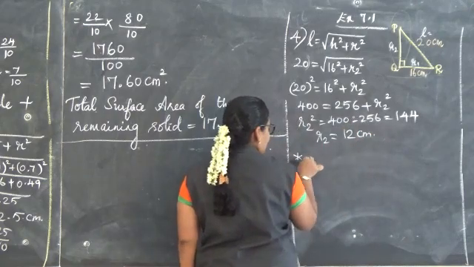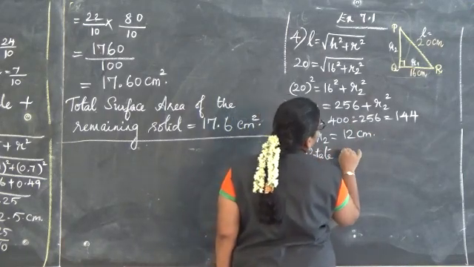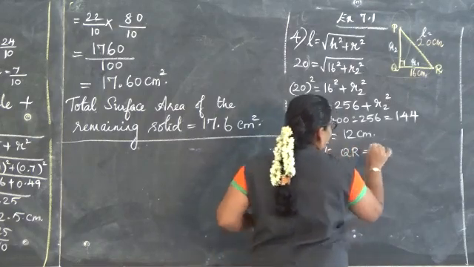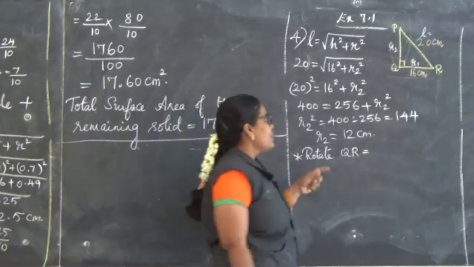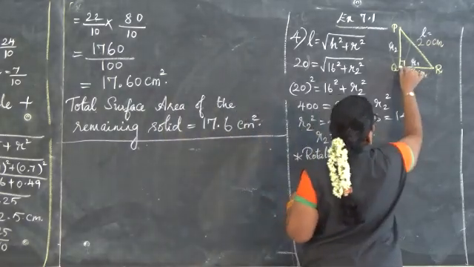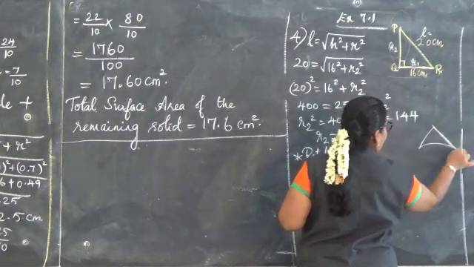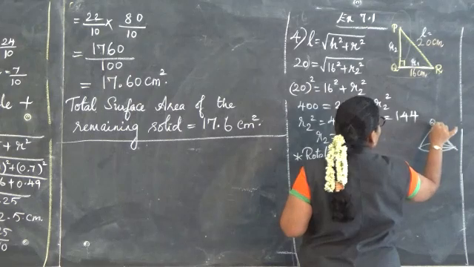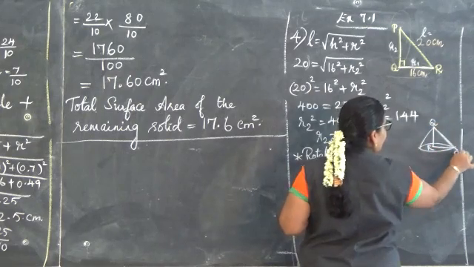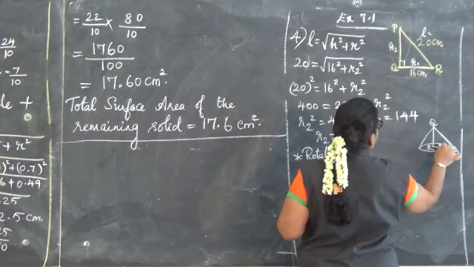So the first condition, rotate about QR. When you keep QR constant and rotate about it, what will be your radius? This will be your QR, you are rotating, keeping QR, and QR will be your height and RP will be your radius.